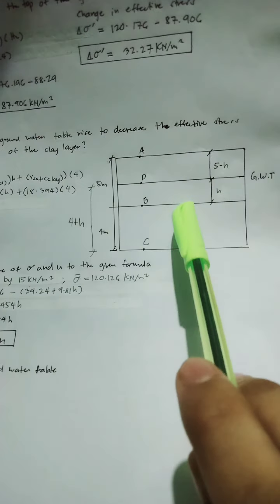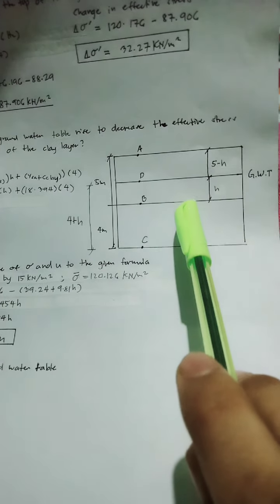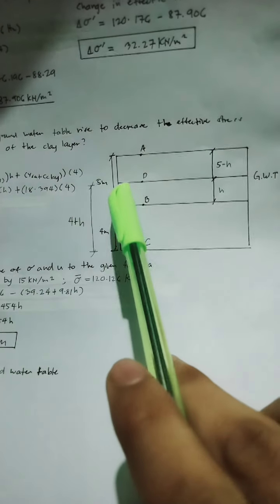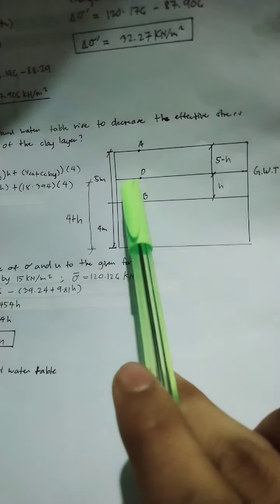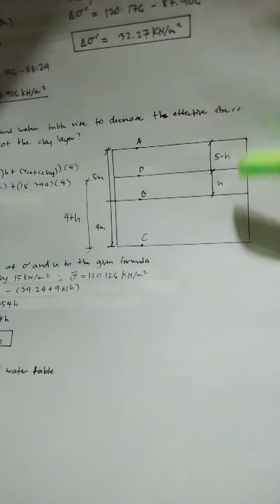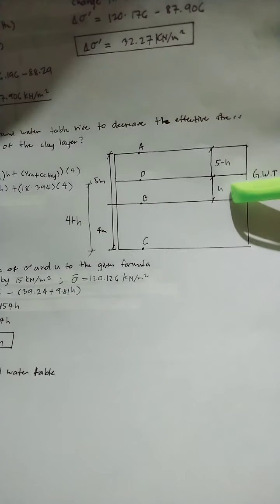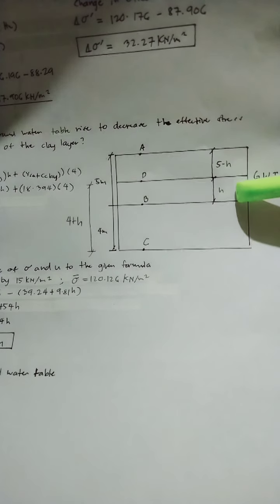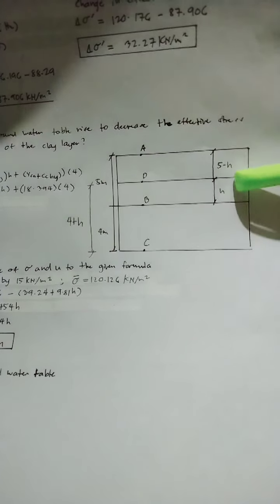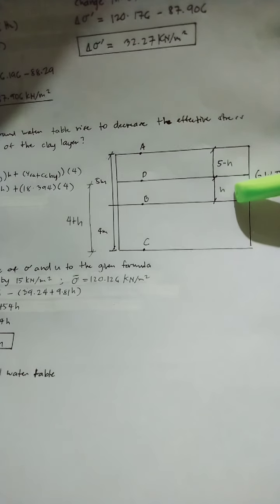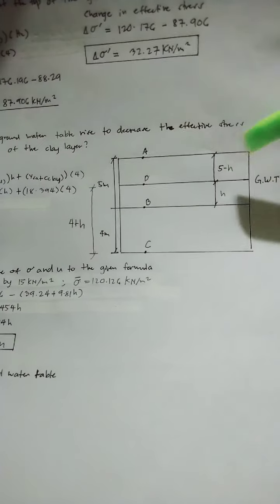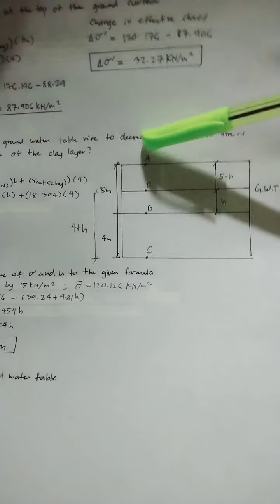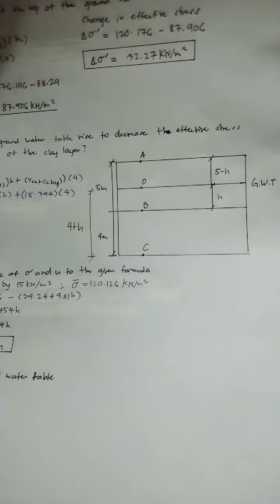I denoted the height as h, and here it is 5 minus h, since the distance from A to B is equal to 5.